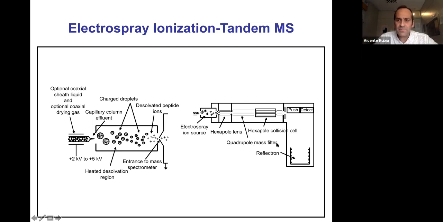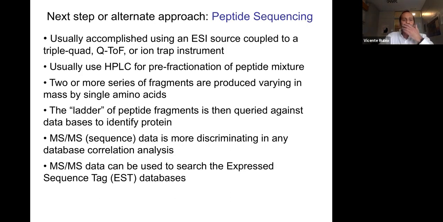So this is a very simple view of the system. I think at the user level it is enough. Usually these mass spectrometry systems are carried out in tandem, and it's called MSMS, and it's basically based on the fractionation of those specific peptides.